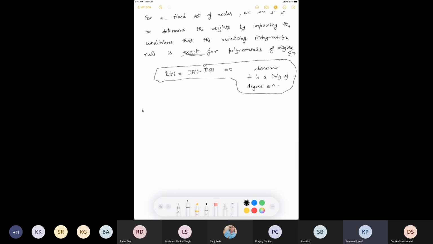Okay, so now let's take one example and see how this really works. I'm just going to explain it for one set of nodes, and then you can use this idea to derive any of the rules which we have discussed so far.